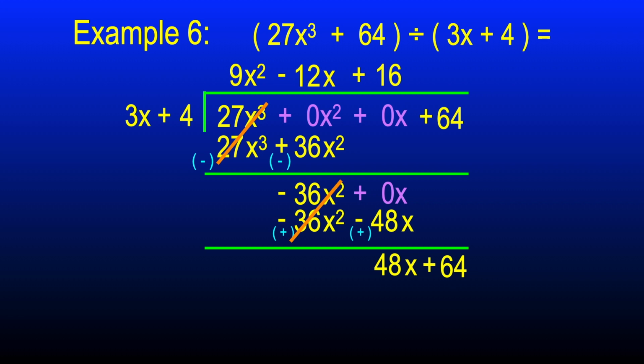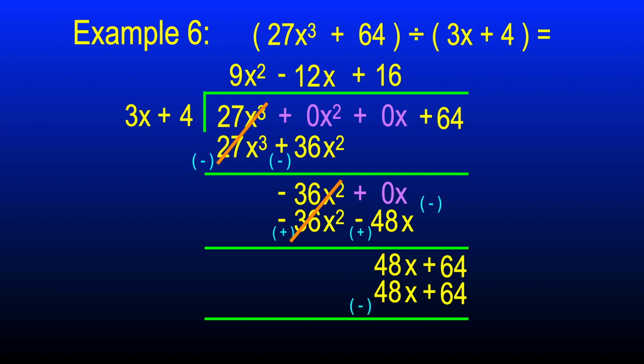Yun. So, 16 times 3x is 48x. Then, positive 4 times positive 16 is positive 64. Subtract. Change the sign of the subtrahend to opposite.